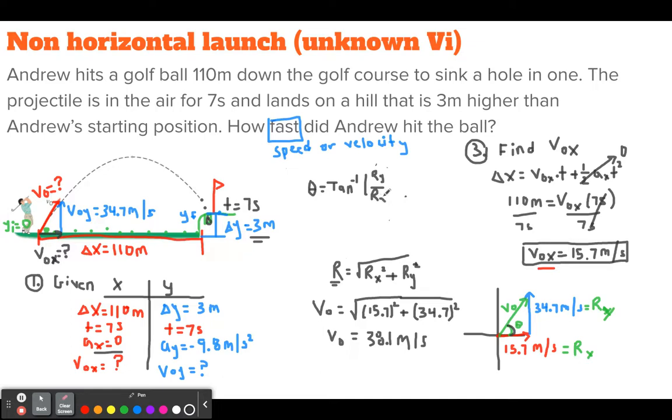So r sub y over r sub x. So we're going to take the y velocity, which is 34.7. Sorry, I keep saying 34.4. 34.7 over 15.7.